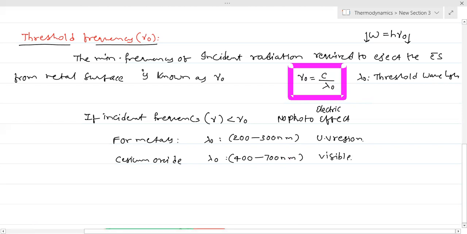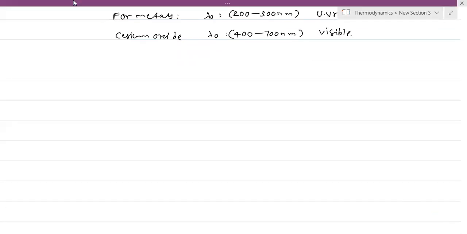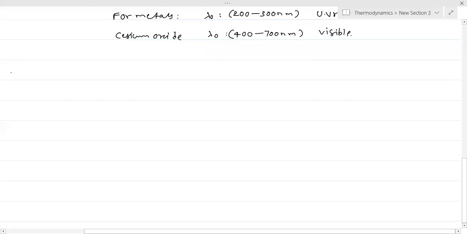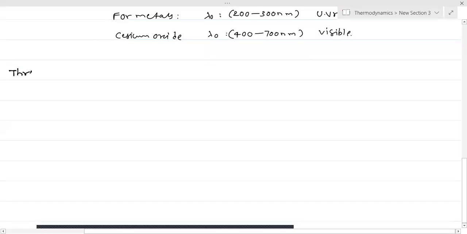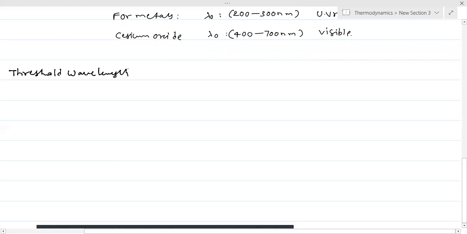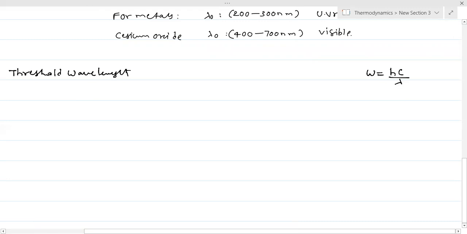Next I am taking threshold wavelength. In some theory questions, the definition is very important, so that's why we stress W equals hc by lambda.